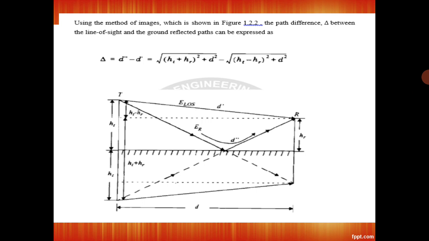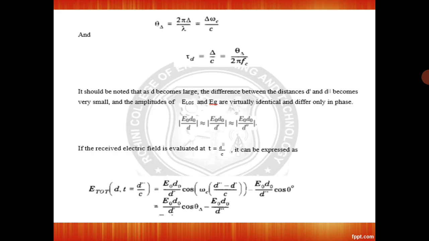Let us consider d double dash minus d dash, which is calculated as the square root of (h r plus h t) the whole square plus d square, minus the square root of (h t minus h r) the whole square plus d square, where h r and h t are the receiver and transmitter heights. So here we can calculate the value of theta equal to 2 pi delta divided by lambda, where lambda is the wavelength.